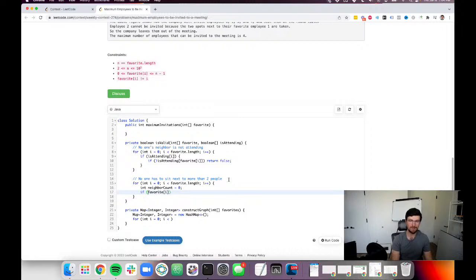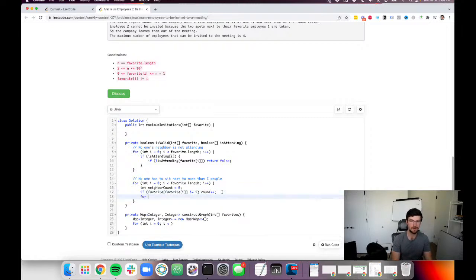So if favorite I equals I, then count plus plus. Or actually, if that's the case, I'm going to skip it. If this is not equal, then I'm going to add an edge. Otherwise, I'm going to count the edge later when I iterate through the remainder.